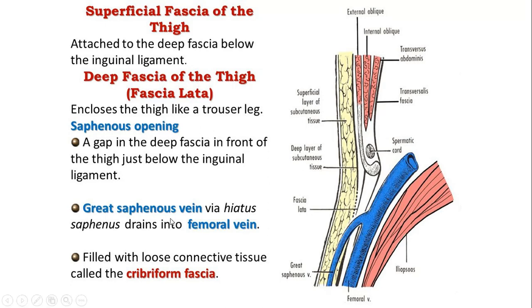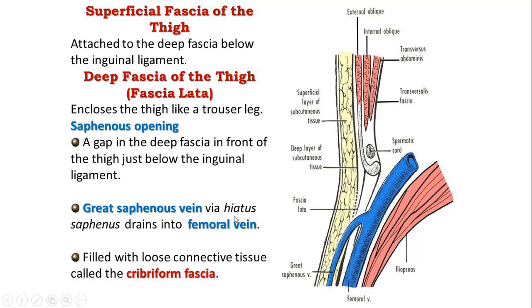Further about deep fascia, there is a gap in the deep fascia which is named the saphenous opening. This gap is in front of the thigh just below the inguinal ligament. Why is this gap here? Because the great saphenous vein has to enter into the femoral vein.